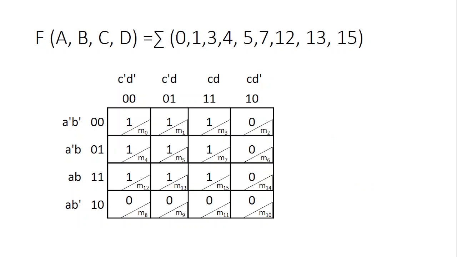What if you find a quad? If you find a quad, among this A, B, C, D, whichever it is, 4 variables are there, 2 of them will vanish. Either A, B, C, D, whatever it is, 2 variables will get vanished. So you are still minimizing it. So when you form octa, 3 will go. So that is the highest minimization that you can get.